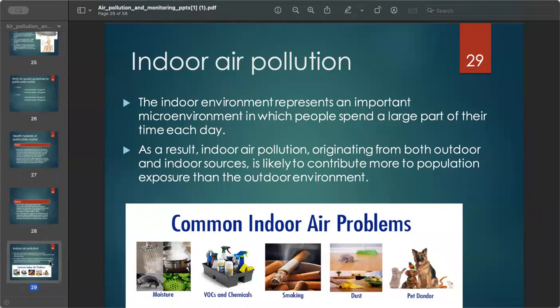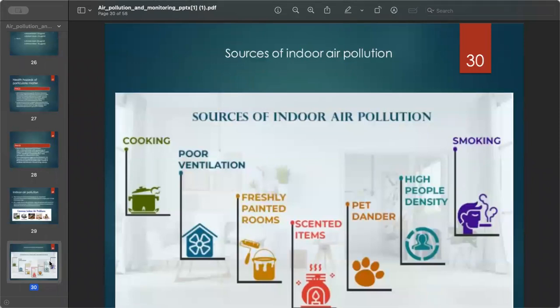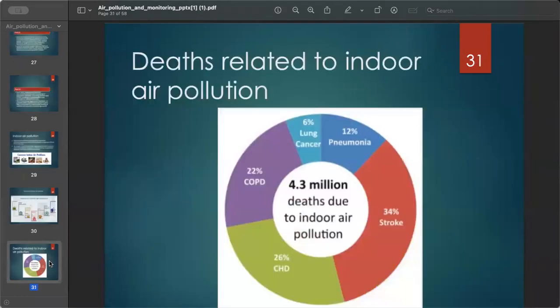Common indoor problems are moisture, VOCs, chemicals, smoking, dust, pets. Sources of indoor pollution are cooking, poor ventilation, freshly painted rooms, scented items, pet dander, high people density, smoking.